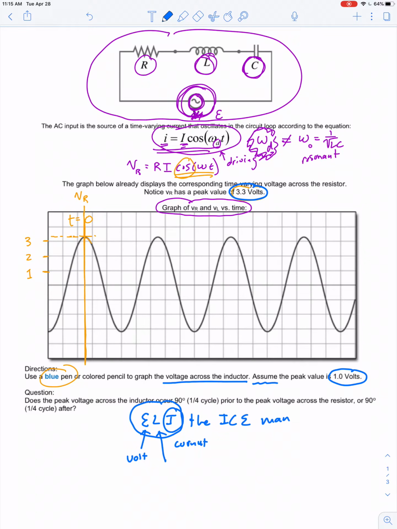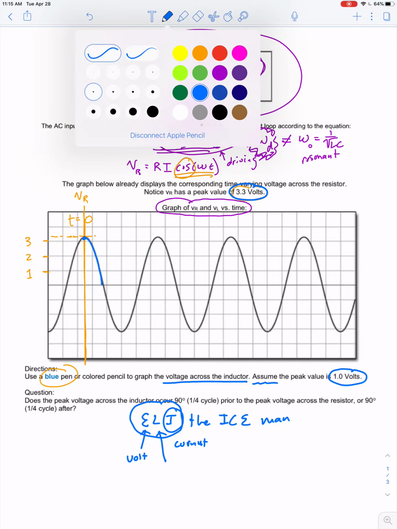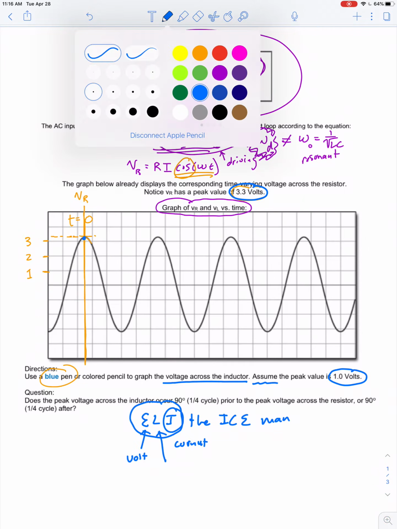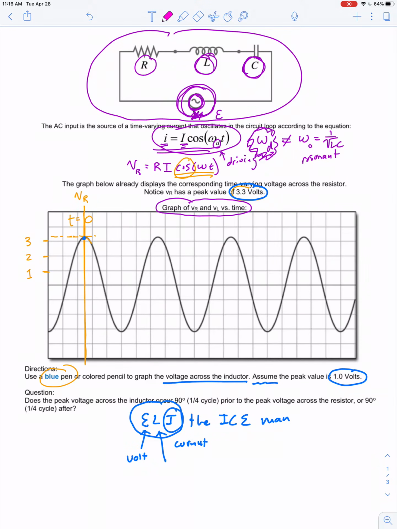So let's look at it this way. At time t equals 0, the voltage across the resistor is at its greatest value, and a quarter cycle later, that voltage goes to 0. Well, let me pick a different color so I don't get confused. The blue is supposed to just be for the inductor. Okay, so how about we go with bright pink here. Yeah, there we go.